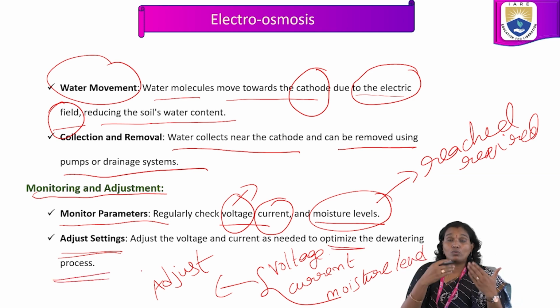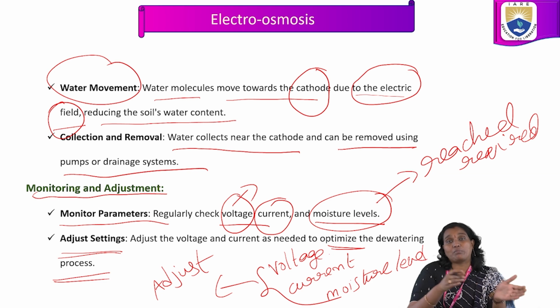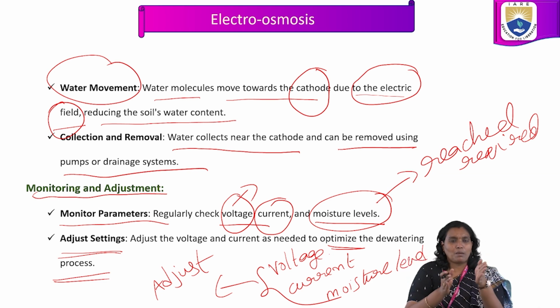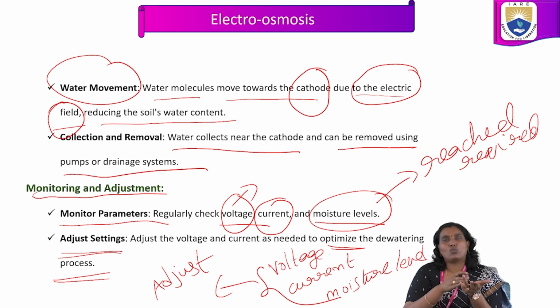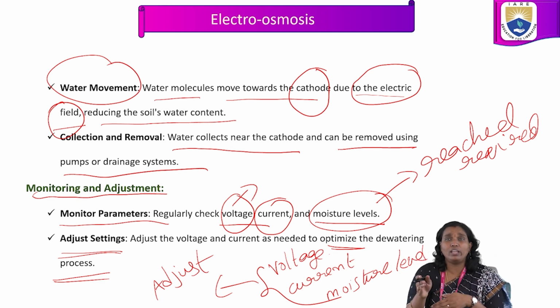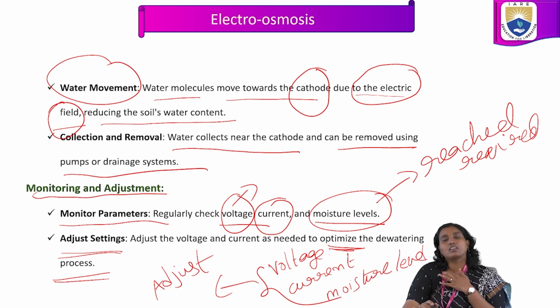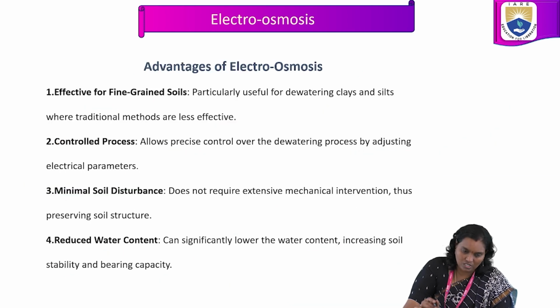Otherwise, we lose this optimization, and it takes some other path and some more time. So it is optimized whenever we monitor these three parameters, voltage, current and moisture levels, and make adjustments accordingly. Then only we will reach the optimization of the dewatering process. So like this, we have to understand the process of electro-osmosis.